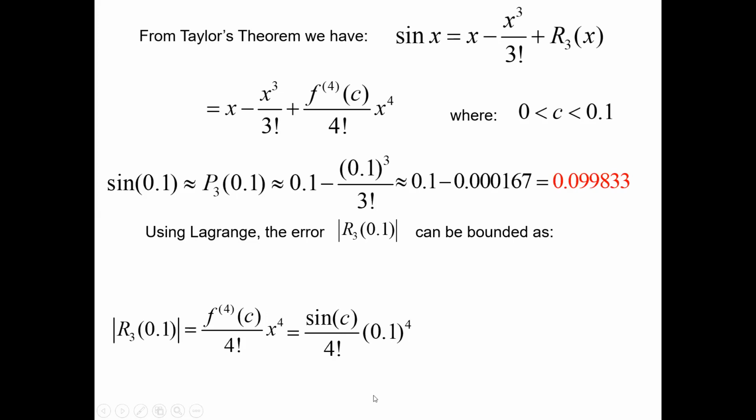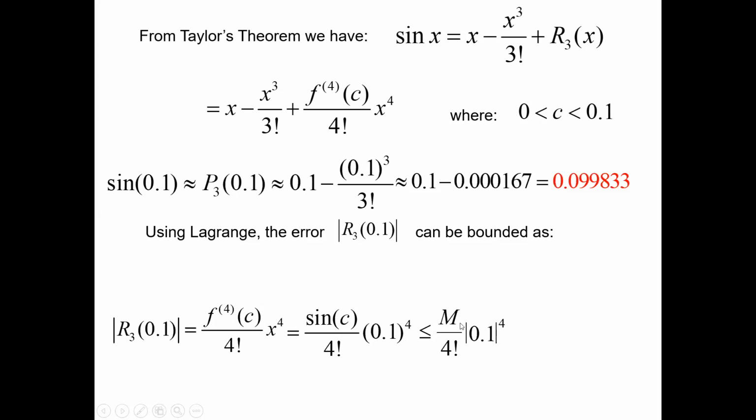So here's the idea. This is the big picture, highlight this in your notes right here. This is bounded by the maximum possible value for the 4th derivative, which is sine x, sine of c, whatever. C is like a dummy variable. The sine function over 4 factorial times 0.1 to the 4th power.